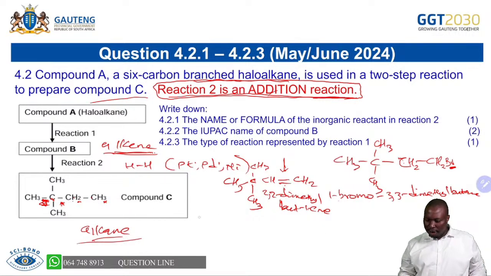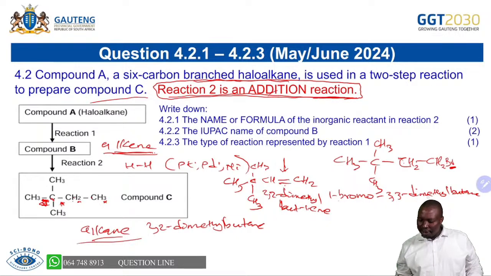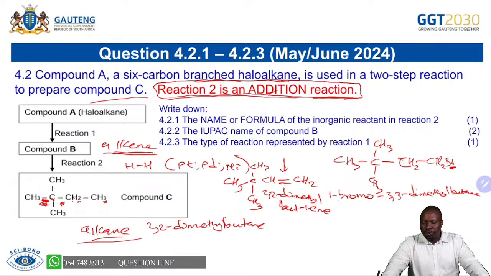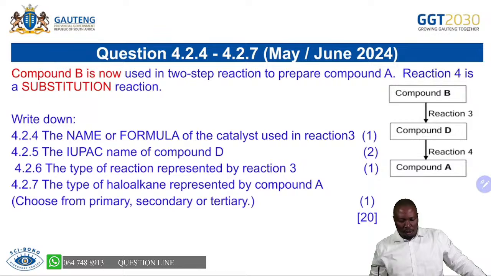You get 2,2-dimethylbutane. So you can see the transformation from 1-bromo-3,3-dimethylbutane, you moved to 2,2-dimethylbut-1-ene, and then again to 2,2-dimethylbutane. So you are able to do all of those as you move with the reactions.